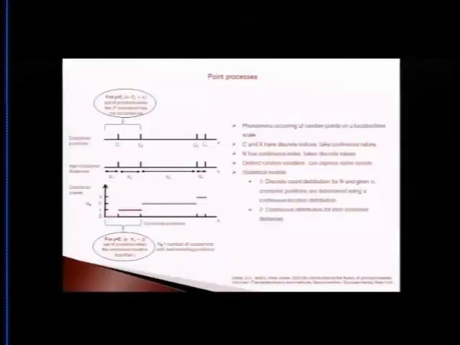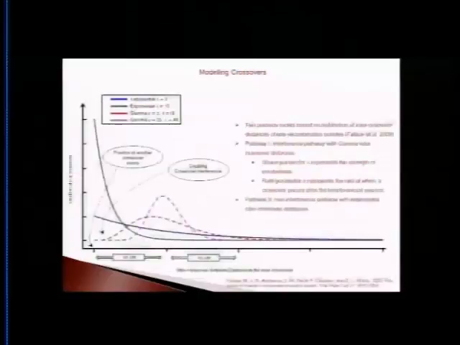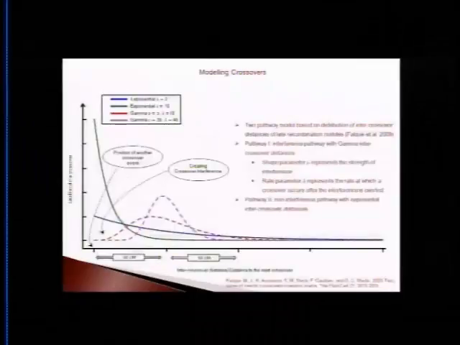The one that we used for our simulation is based on intercrossover distances, and we followed a two-pathway model based on the distribution of intercrossover distances of late recombination nodules, which was done by Falk and group on maize.